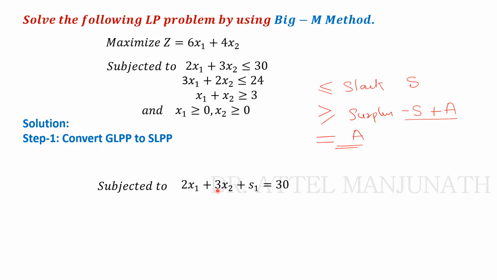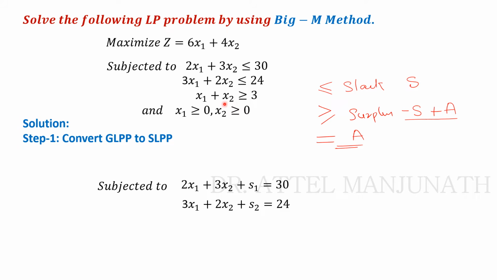We have converted the inequality into an equality by introducing the slack variable. Similarly, take the second equation: 3x1 + 2x2 + s2 = 24. Again there is a slack variable, because here you have the less than or equal to symbol.